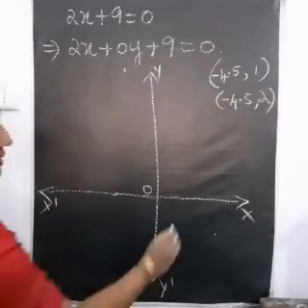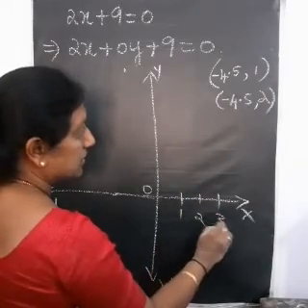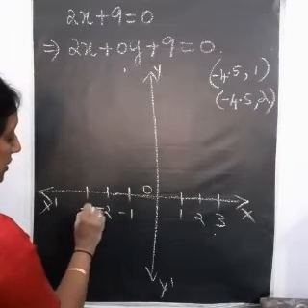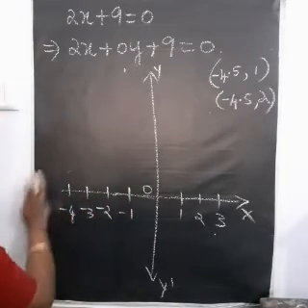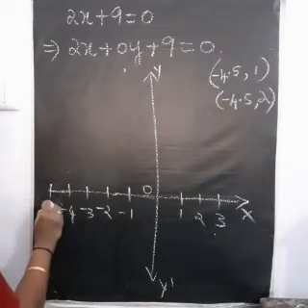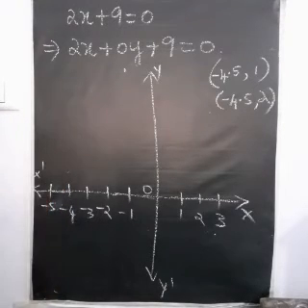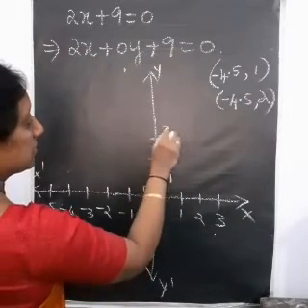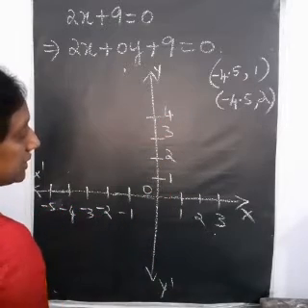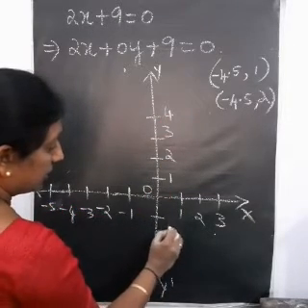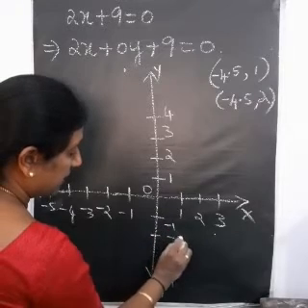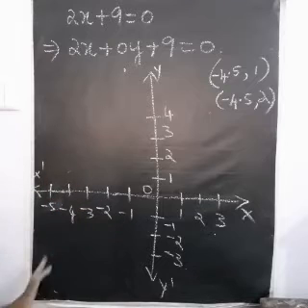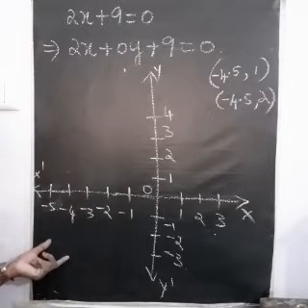So this will be 1, 2, 3, and here I will get minus 1, minus 2, minus 3, minus 4, minus 5, and so on. Here I will have 1, 2, 3, 4, etc. Then here also I will have minus 1, minus 2, minus 3 and so on. This is the x-axis and the y-axis, and I've taken a unit of 1 in both the axes.